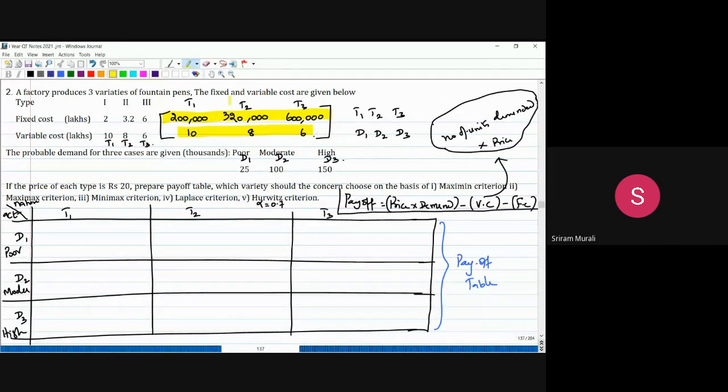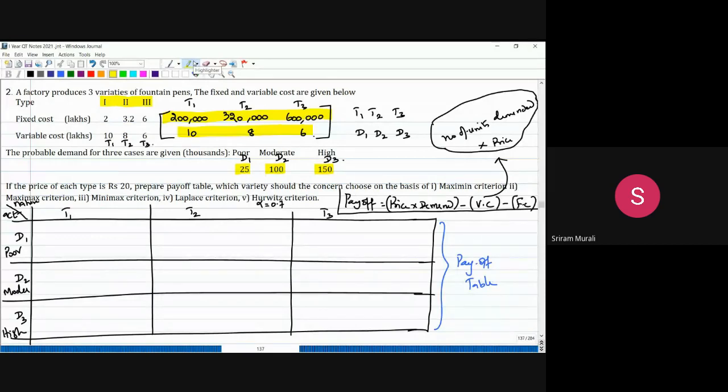Sorry, type 1, type 2, type 3, these are the 3 varieties. T1, T2, T3, and D1, D2, D3 are the demand. Demand is poor, demand is moderate, average, demand is high, 150. So this is the given data.